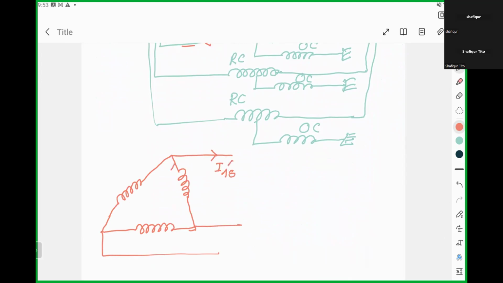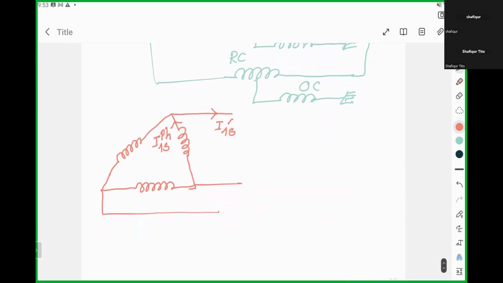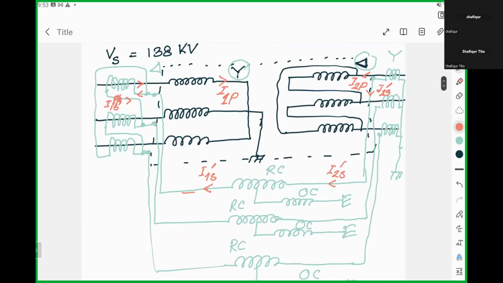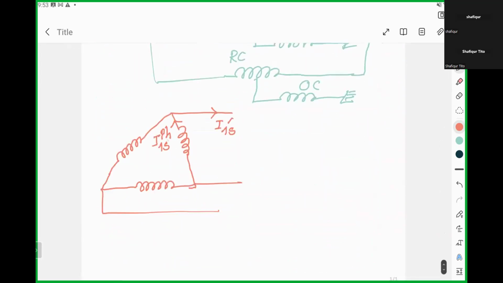And the coil itself in the secondary will produce I1S PH. Now the turn ratio of the CT coil has to be determined for this phase current, and they are related with I1S prime equal to √3 I1S PH. So this is the relation we need to remember.